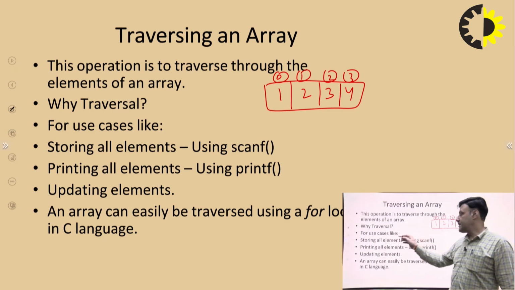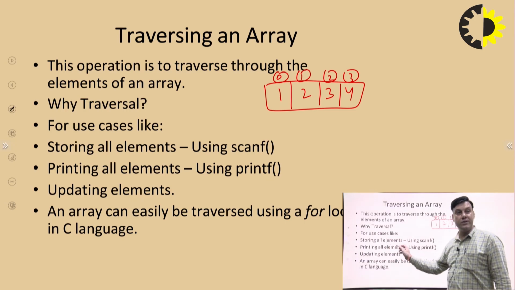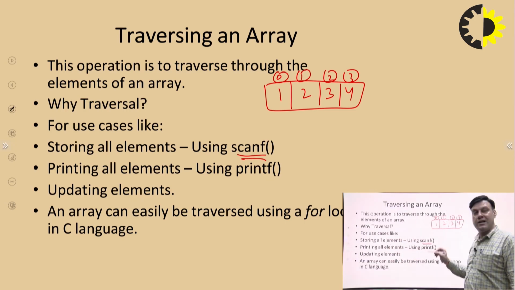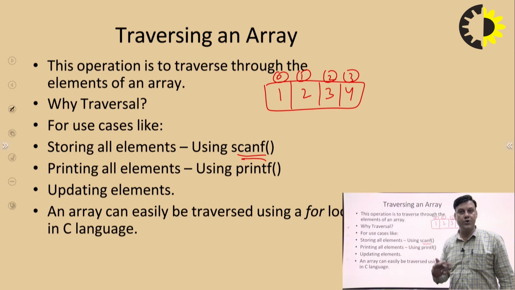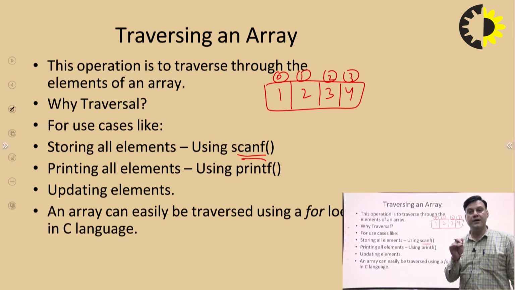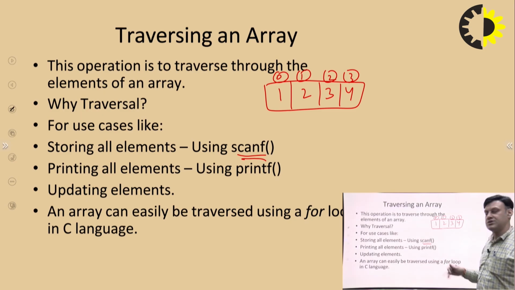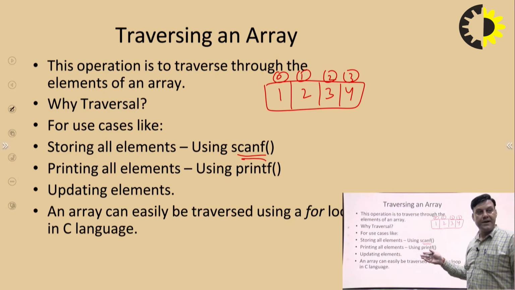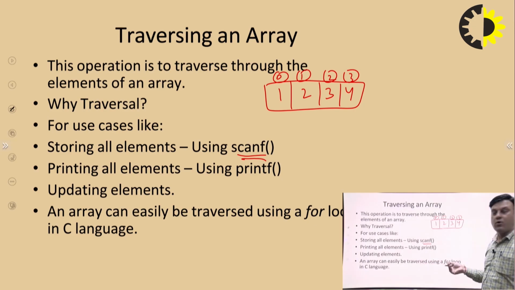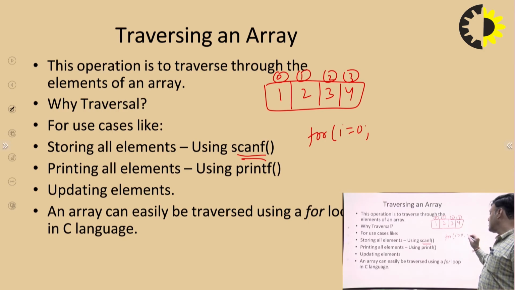Okay. So we know that for storing all the elements, we will use scanf in our C language. If we want to take elements from a user by inputting through a keyboard, we will use the scanf function, right? For printing, we will use printf. An array can easily be traversed using a for loop, right? For example, for loop, i equal to 0, i less than 5, i plus plus.